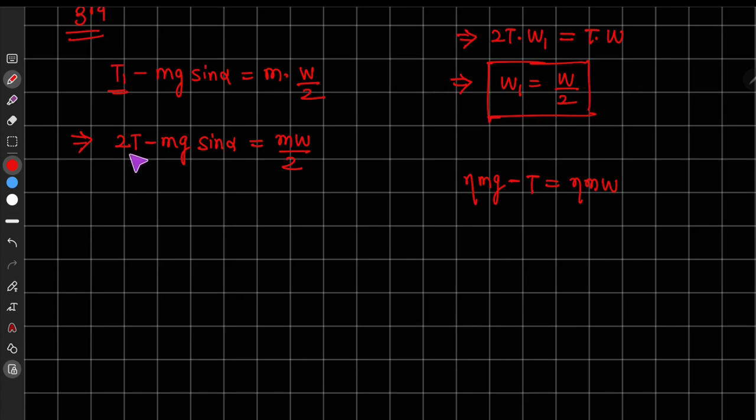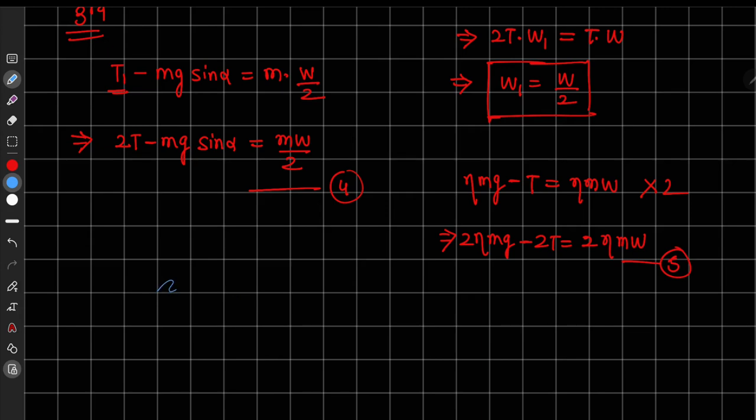Now we have to eliminate tension T from both these expressions. So let us multiply this particular expression with 2. So from here we will get 2 times eta mg minus 2T is equal to 2 times eta times m into w. And let us add equation 4 and equation 5.